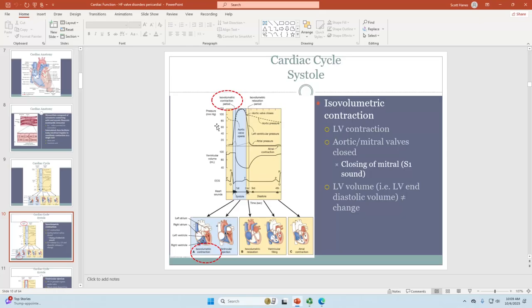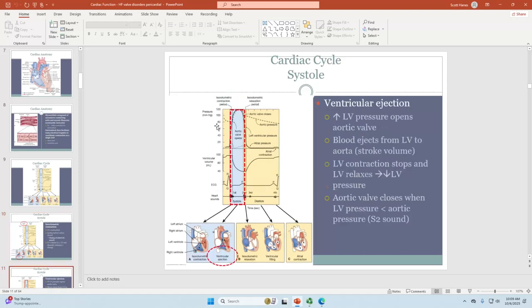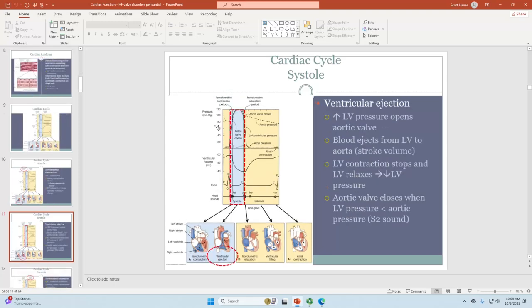That increases the pressure the smaller that space gets through the contraction. That continues until the pressure inside the ventricle exceeds the pressure of the aorta, forcing the aortic valve to open from a pure pressure difference.